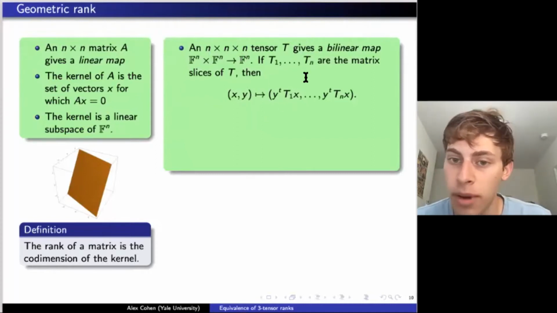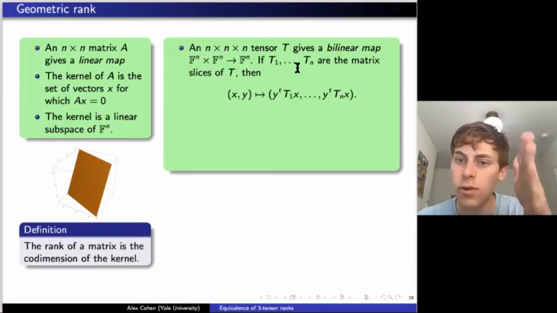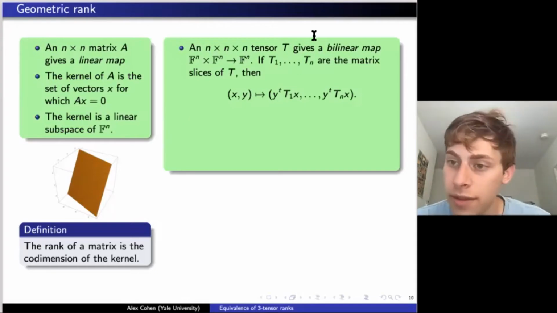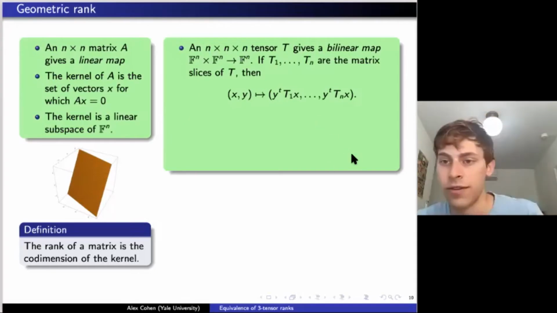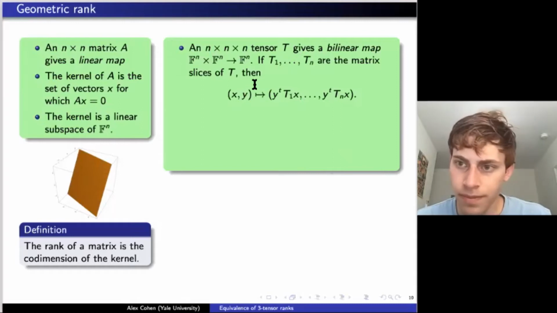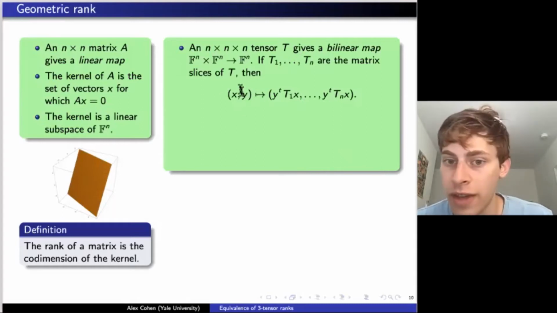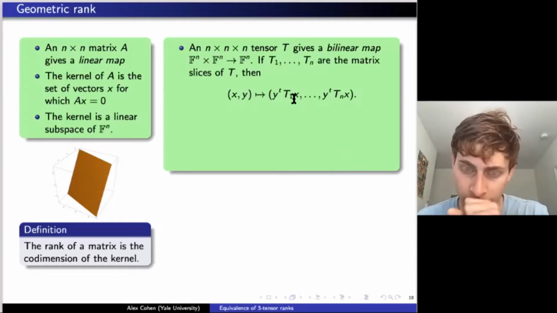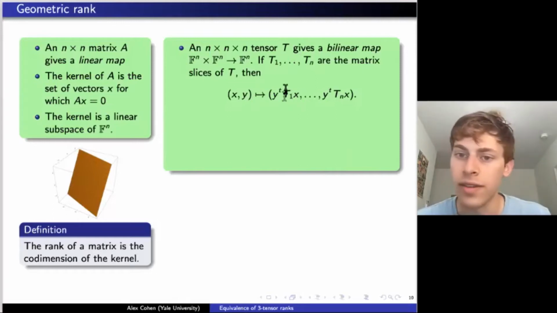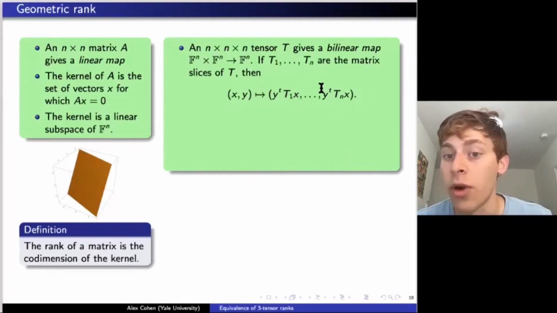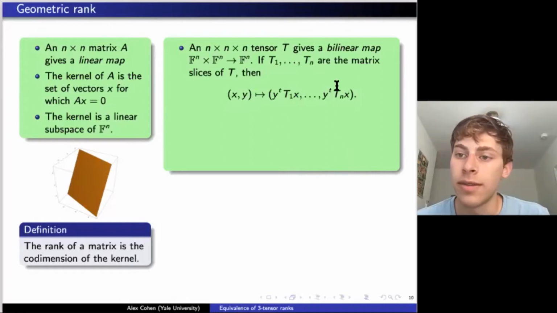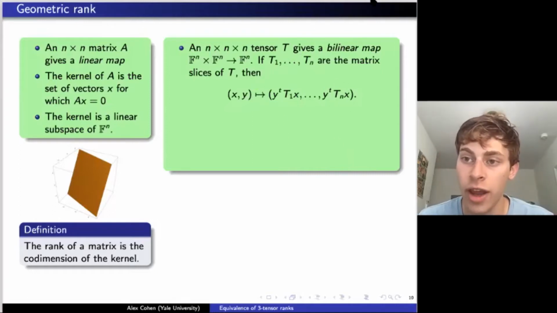Just to be perfectly explicit, if T1 through Tn are the matrix slices of T, the slices from the last slide, then the bilinear map is the function that takes in x and y and outputs the vector whose coordinates are these n different bilinear forms in y and x. So this gives the function that takes in 2 vectors and outputs a vector.